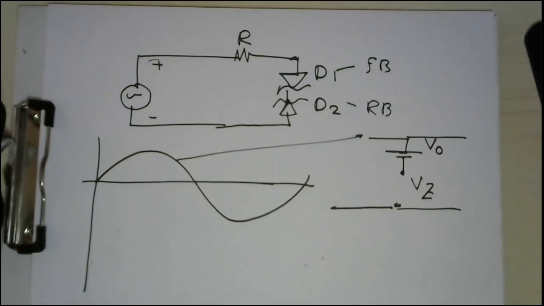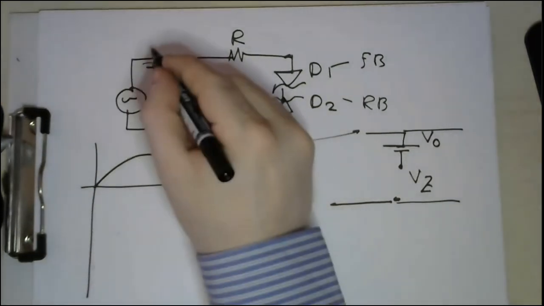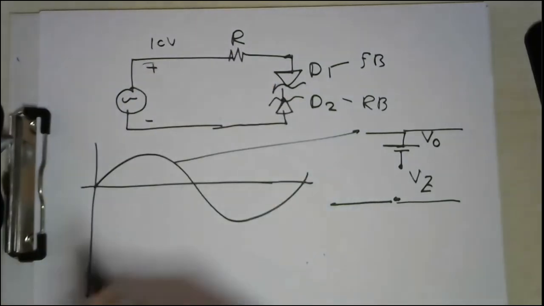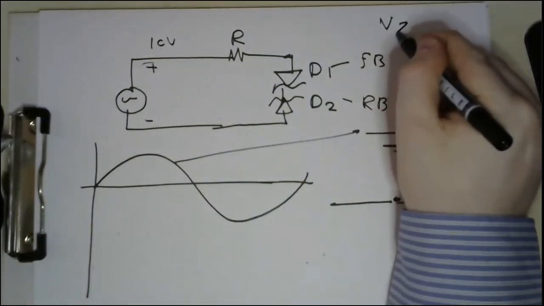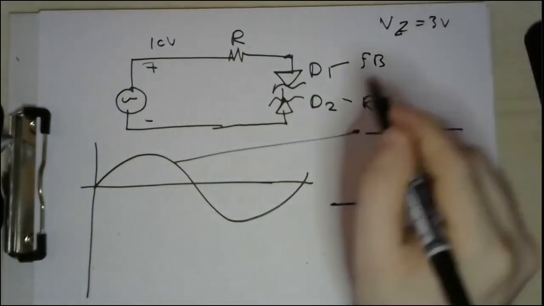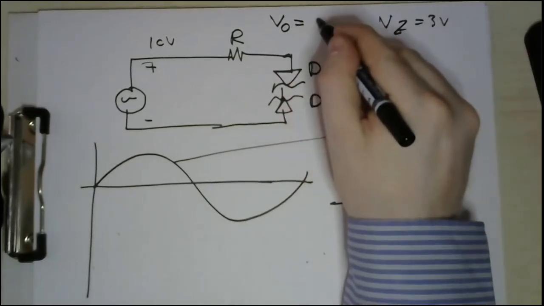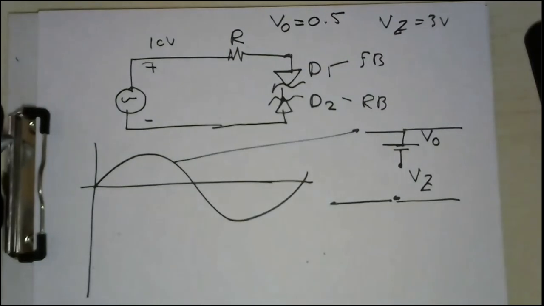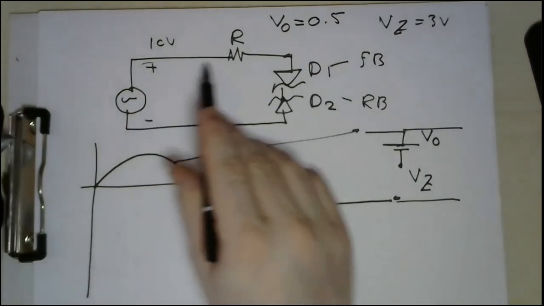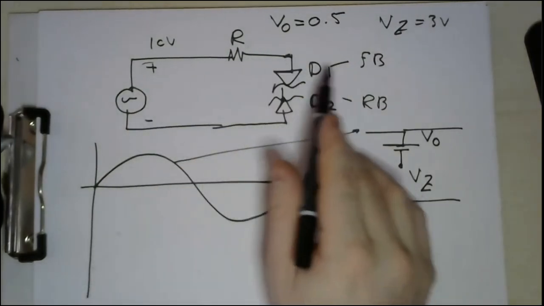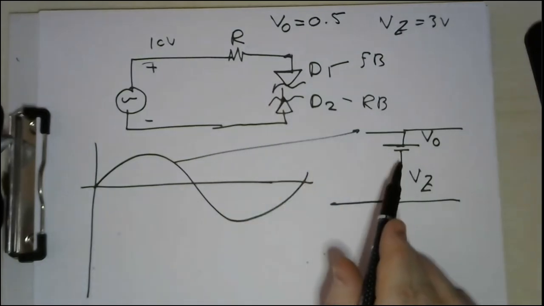Let's do it by numbers again. Let's say that this is 10 volts, and let's say that VZ is 3 volts, and let's say that V node is 0.5 volts. Then this 10 will reach here. We replace D1 by a battery, which is 0.5.